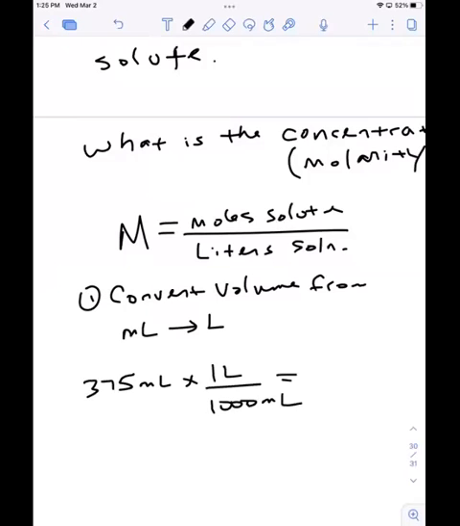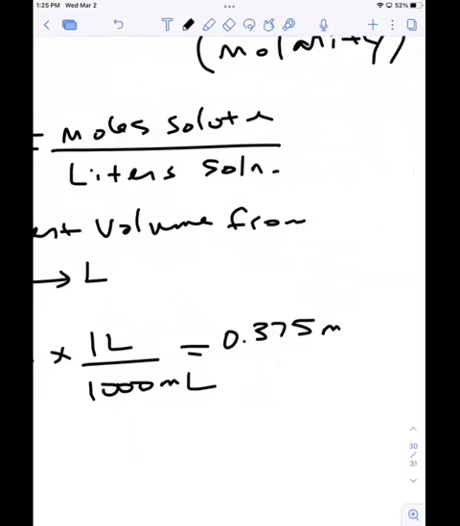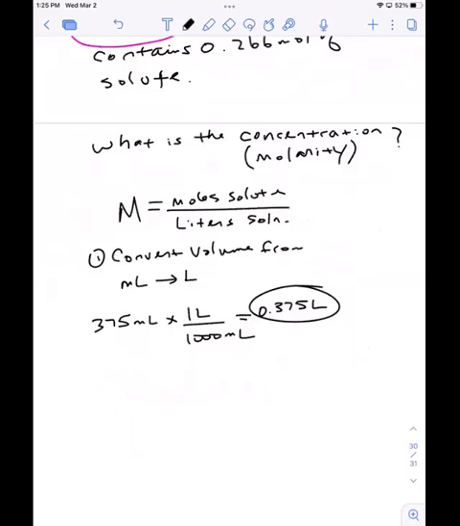When we talked about doing conversions, one of the things that we learned was anytime you're going from a smaller unit to a larger unit, the value of the number is going to decrease, right? So this is going to be 0.375 liters, right? We go from a smaller unit to a bigger unit, the number is always going to get smaller. And vice versa. You go from a bigger unit to a smaller unit, the number is going to get bigger. All right, so that's our volume.